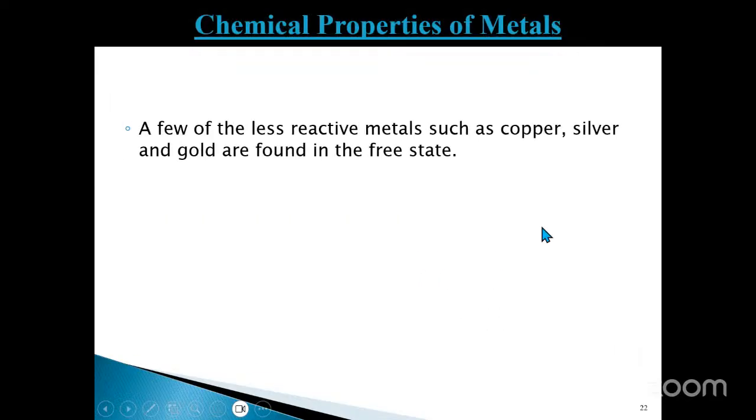Continuing our discussion of chemical properties, there are some metals, which in some textbooks they call noble metals, and that's because they're very unreactive and therefore they will exist in nature in their free state. For example, copper, silver, and gold. Some metals are very reactive, and they don't exist in nature by themselves. In particular, I'm referring to the metals in groups 1A and 2A in the periodic table, and to a lesser extent aluminum.